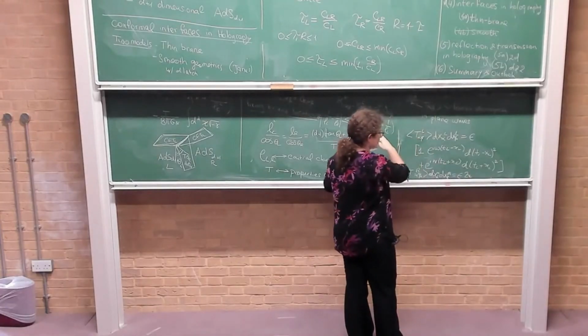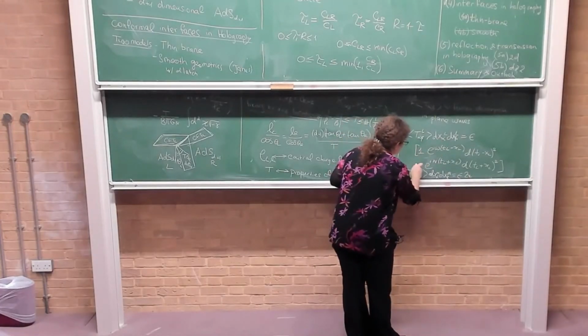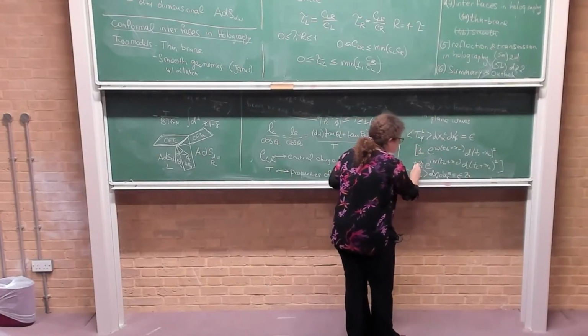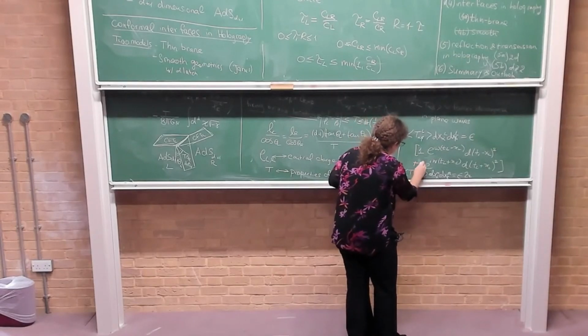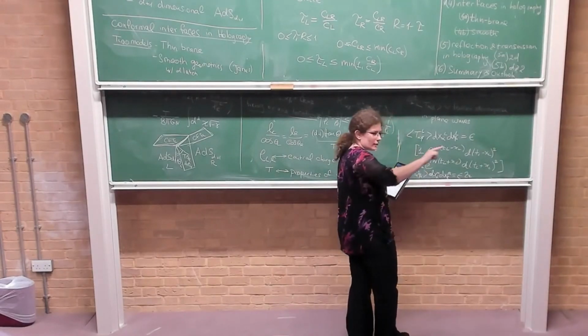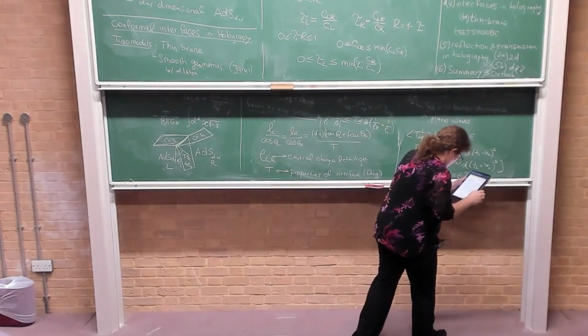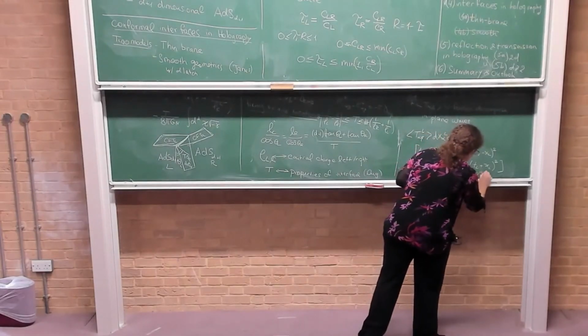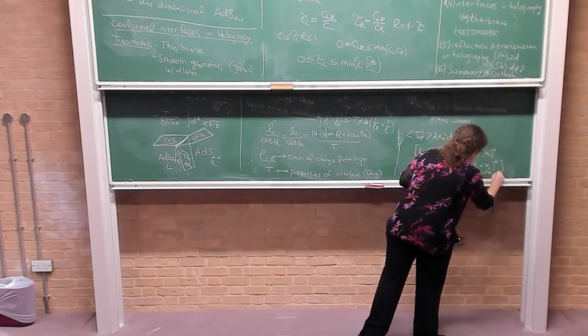That's on one side. On the left, I have the incoming and the reflected wave, and on the other side, I have the transmitted wave, e^{iω(t_right − x_right)}.